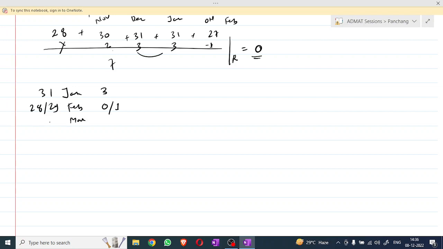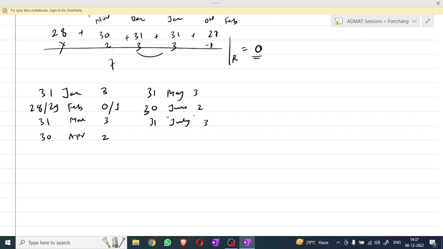March month would always have 31 days, a shift of 3. April, 30 days, a shift of 2. May, 31 days, a shift of 3. June, 30 days, a shift of 2. July, 31 days, a shift of 3.